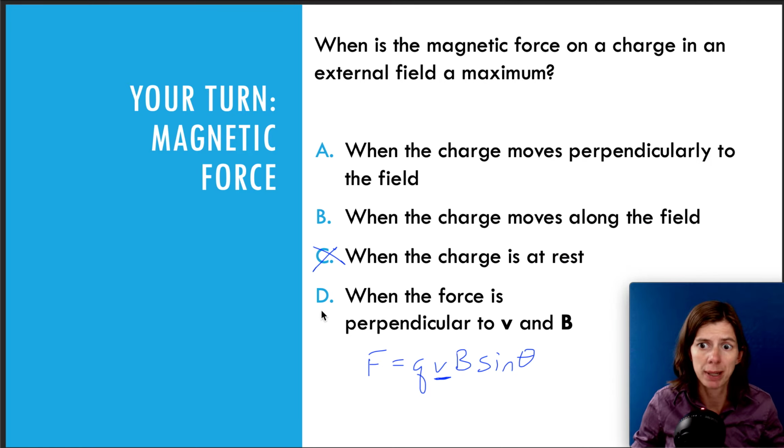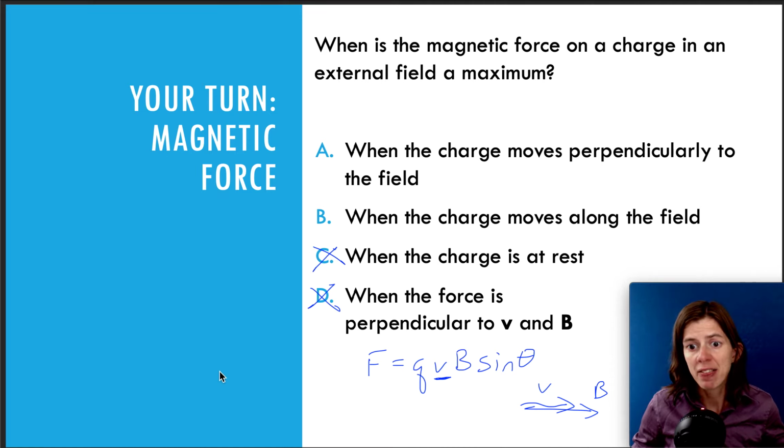When the charge moves along the field, so along the field means, let's say that B is going this way, then it means that V is going in that same direction. So think about what the angle is. If V is parallel to B, that means that theta is equal to 0.